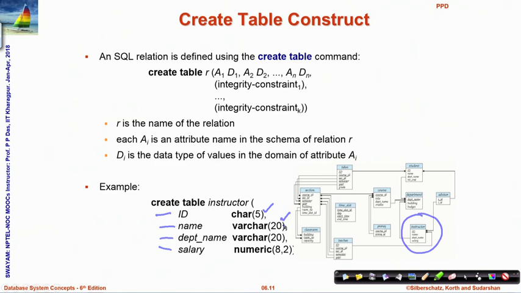This means that the ID of this table instructor will be strings of length 5, whereas the name or the department name are strings with a maximum length of 20, but they could be of variable length, whereas salary is of numeric type having specification 8,2. So, it can have 2 decimal places and be of size 8 maximum.